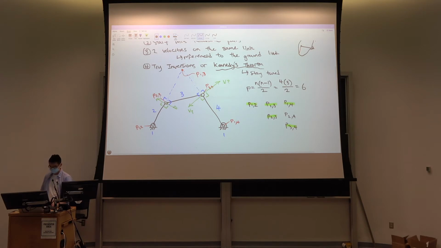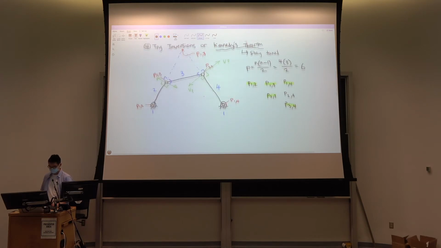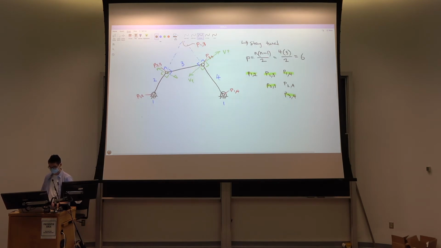Okay. So I know inversions haven't really been covered in class very much, but like I said, inversions are just pretending something else is the base link.